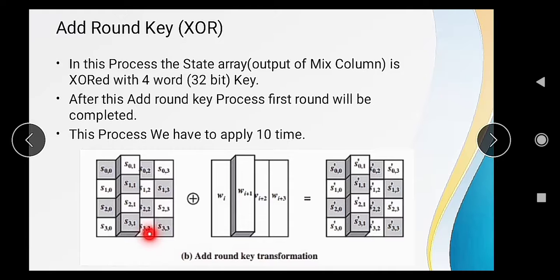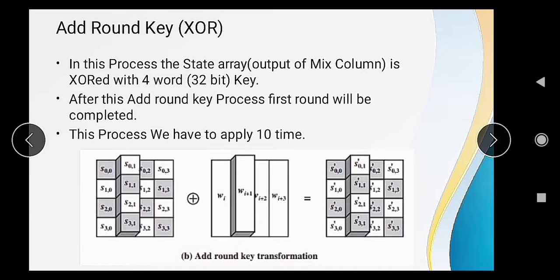Again, the third column of the input will be XORed with the third word, and the output will be stored in the third column. Similarly, the fourth column will be XORed with the next word, and the output will be stored in the last column. So this is the add round key.